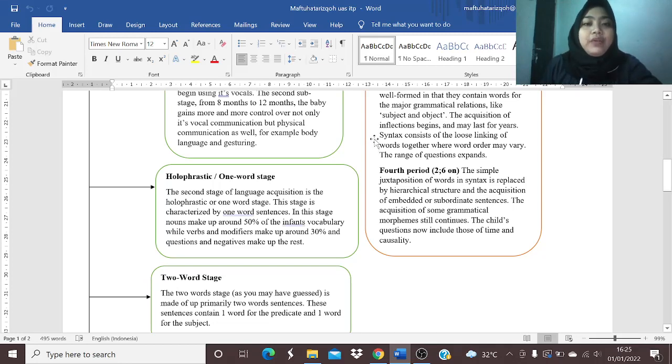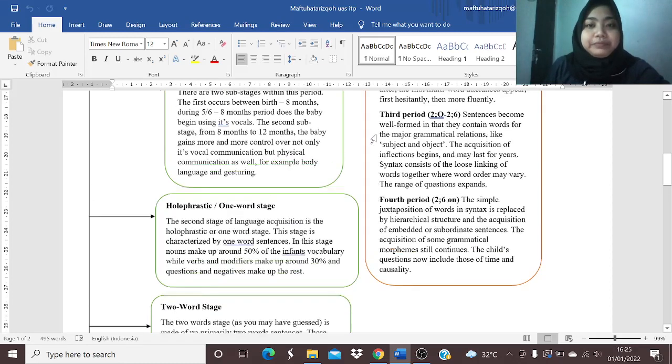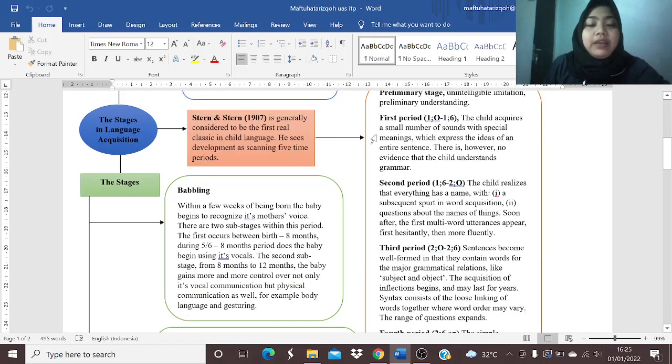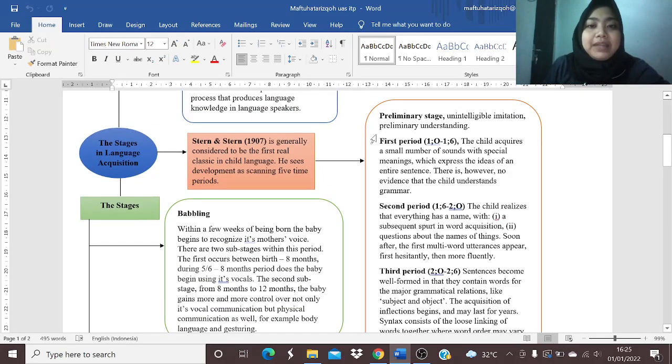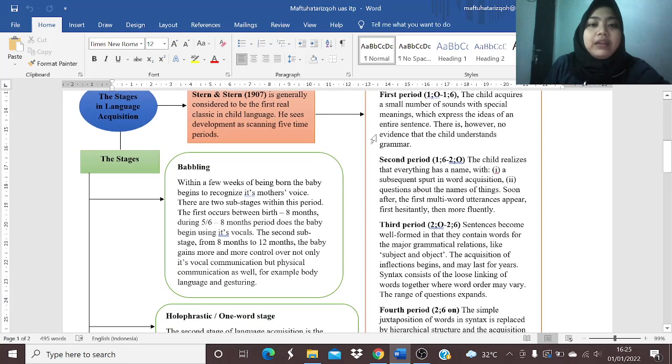And we go to the stages. There are four main stages of normal language acquisition: the babbling stage, the holophrastic or one-word stage, the two-word stage, and the telegraphic stage.